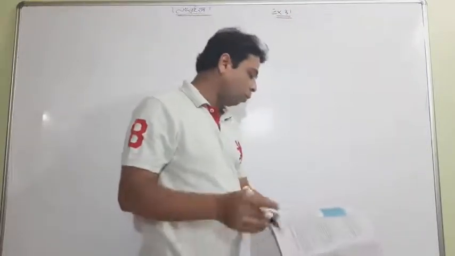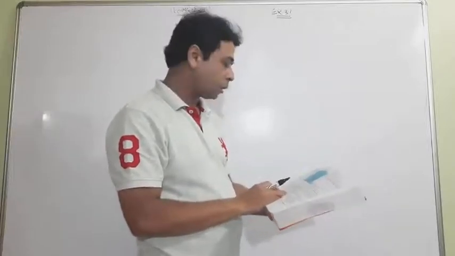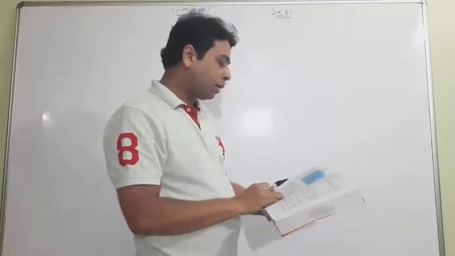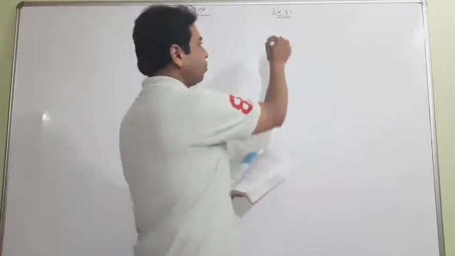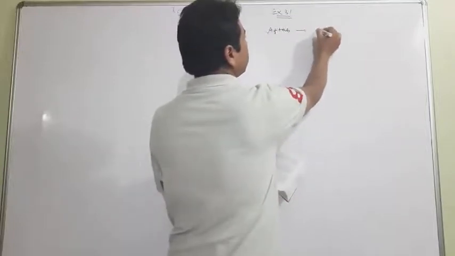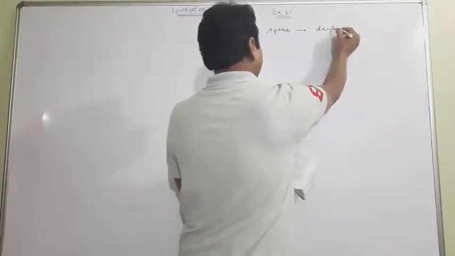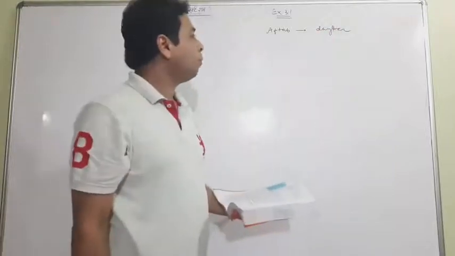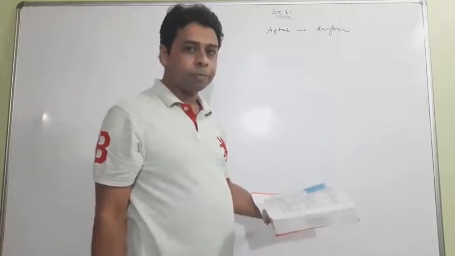Now you can read the question, the book is also with you. The question says, Aftab tells his daughter, 7 years ago.